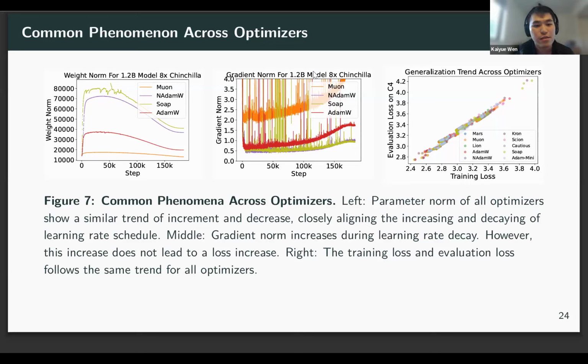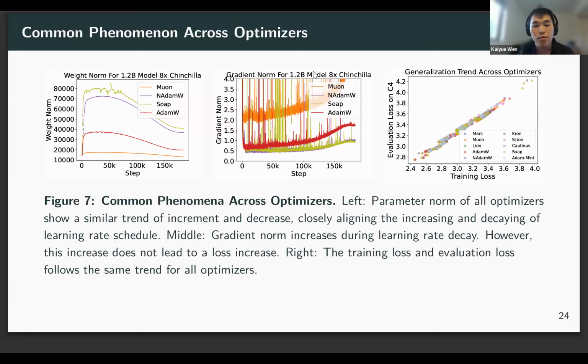It shows that the first two phenomena we are showing here are related. When the weight norm decreases, because the loss is scale invariant, you can imagine that moving the weight by the same constant will result in a larger difference in the output. So the gradient norm will naturally increase just because the weight norm is decreasing.